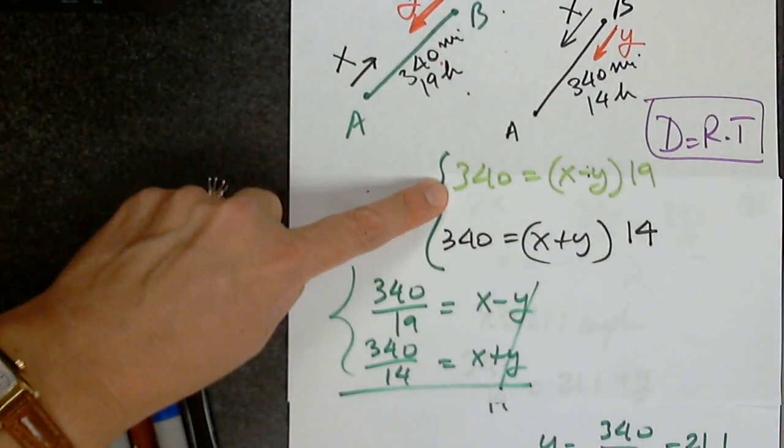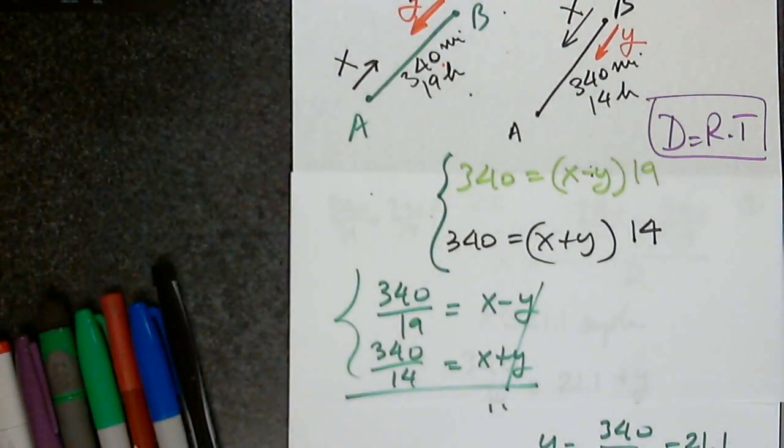I will not get exactly 340, because I know there is a rounding error. So with the graphing calculator, we have 21.1 minus 3.2. Of course, they are rounded. And I multiply by 19. And I will not get 340, right? Either a little bit above or a little bit below.